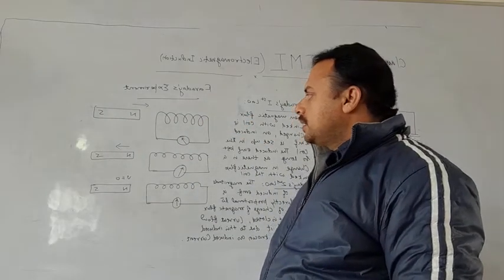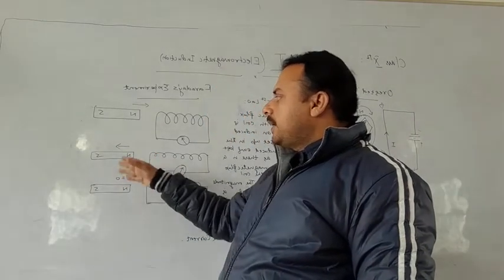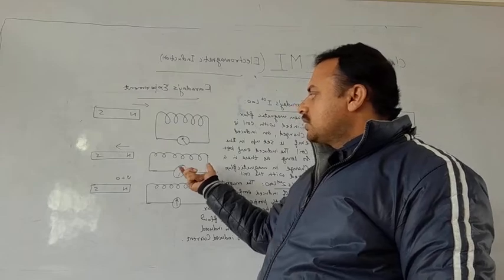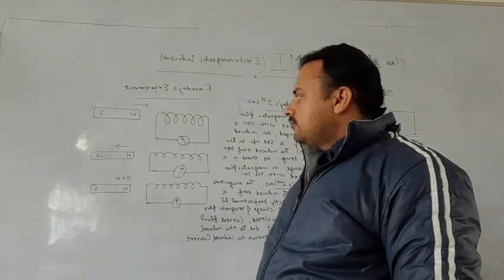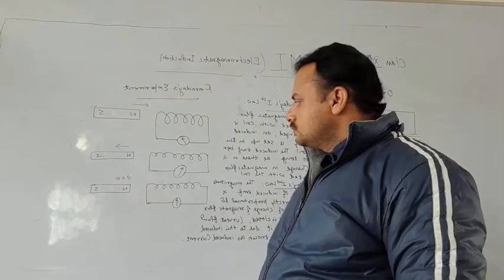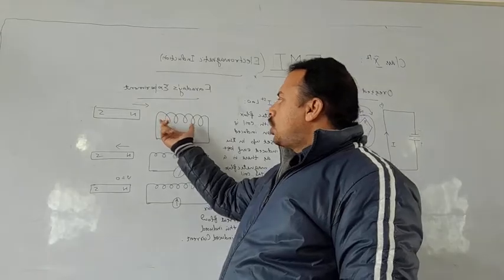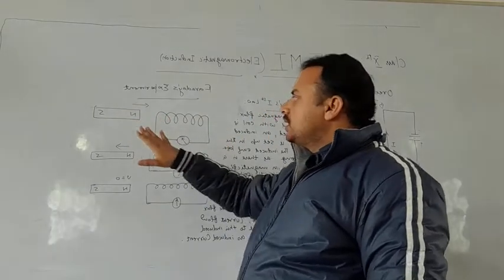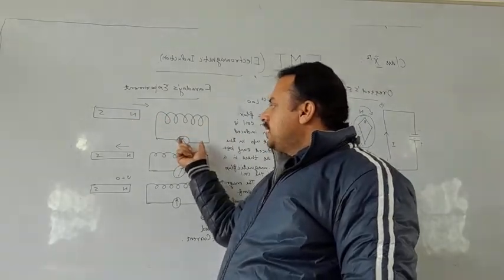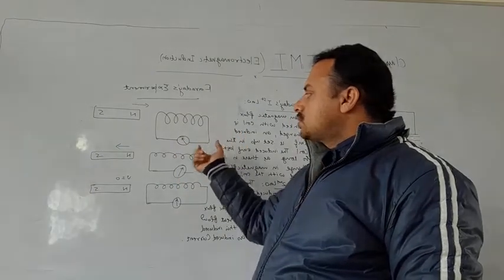So again, by the relative motion between coil and magnet, there is the existence of current in the coil, and when the magnet stops, the current will also stop. And we have also seen that if the coil is moving and the magnet is stationary, again there will be a deflection in the galvanometer, meaning there is some existence of current.